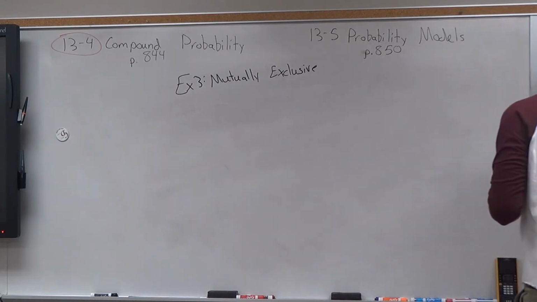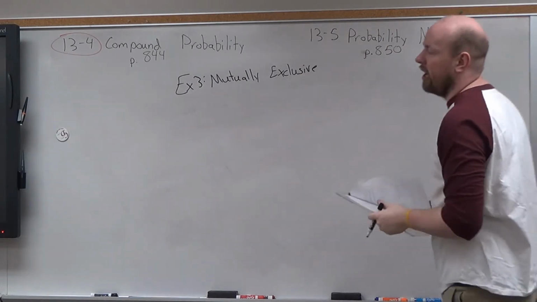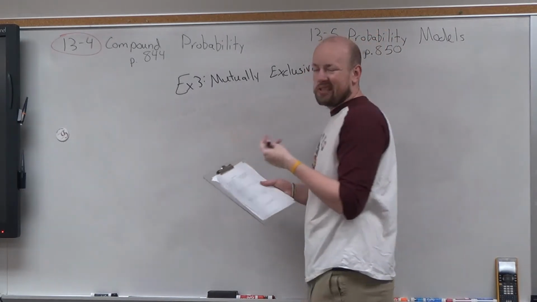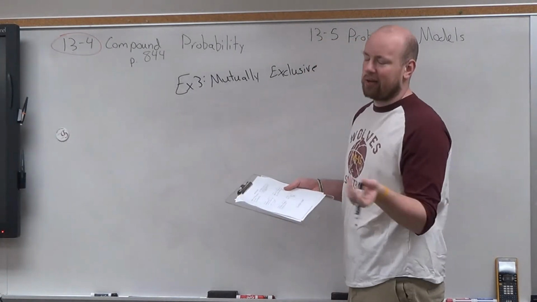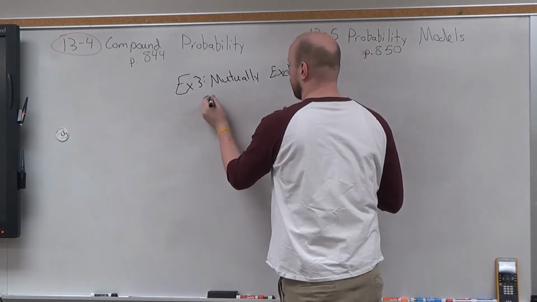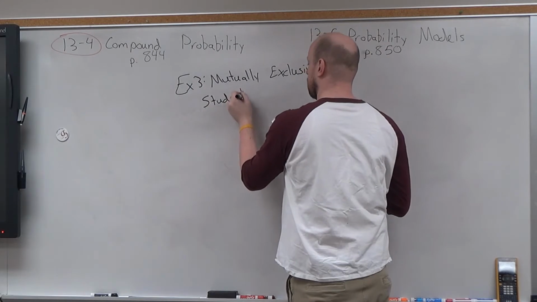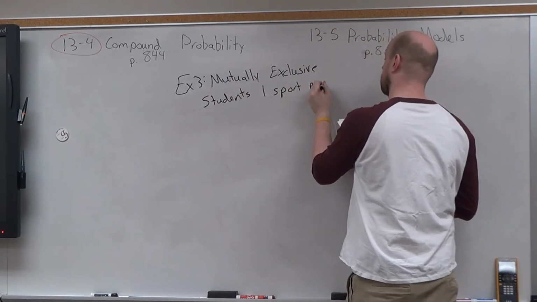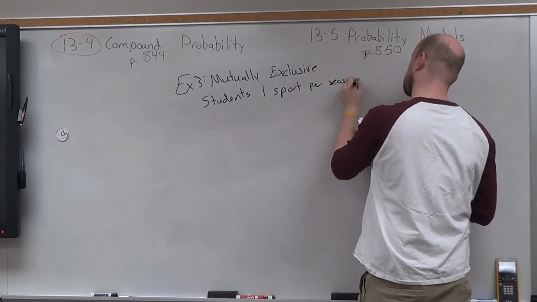So, in a bigger school, students can only play one sport per season. No, Caden, you can't do track, cross country and football in this scenario. Students can only do one sport per season.